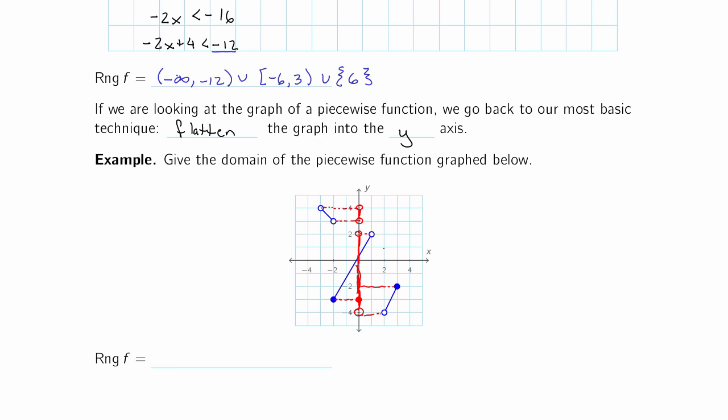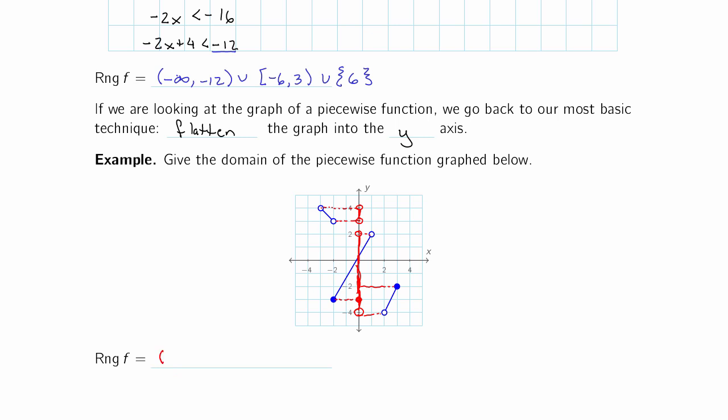So what do we have here? When we want to find interval notation on the y-axis, it's helpful to turn our head to the side because we want to go from the bottom to the top of the y-axis.